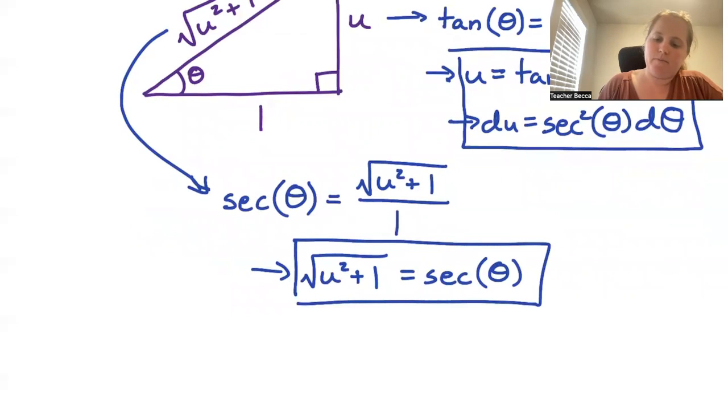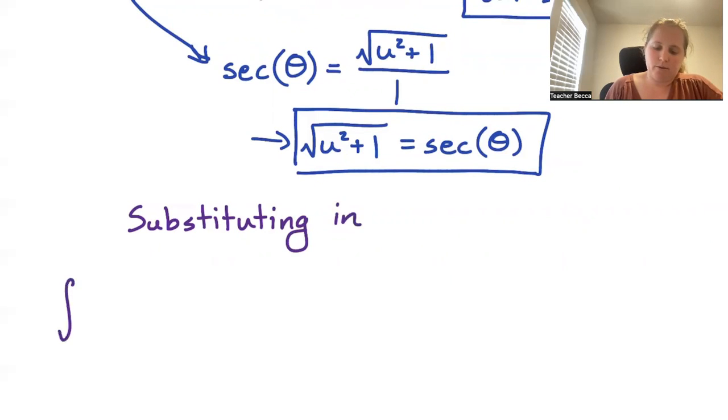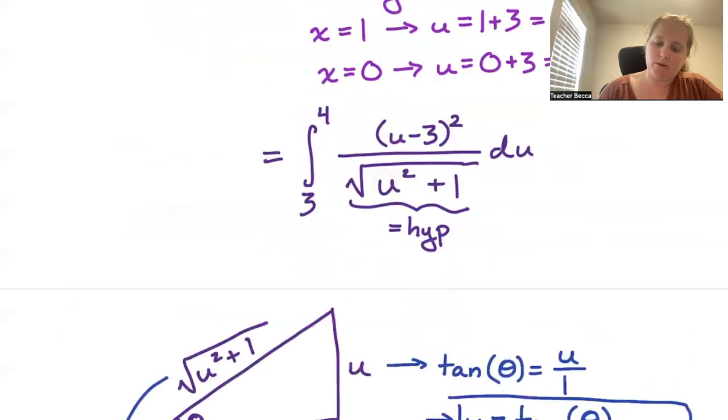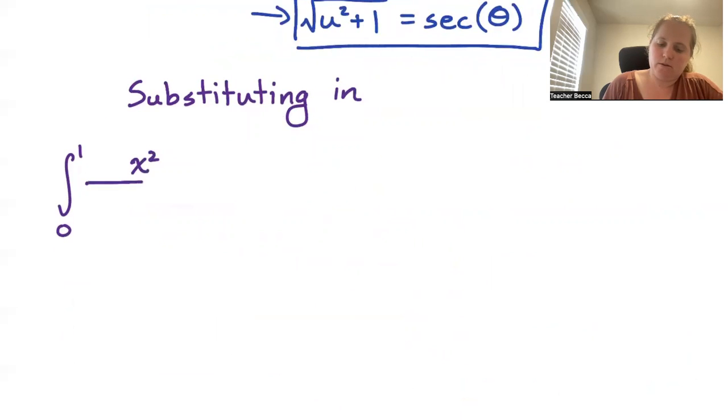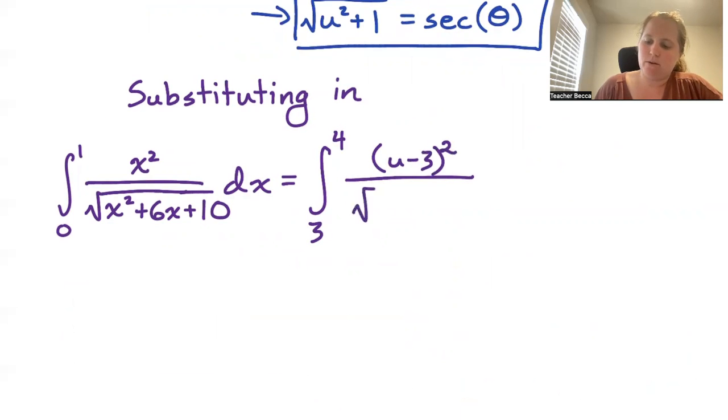So substituting in, we had definite integral from 0 to 1 of x squared over square root x squared plus 6x plus 10 dx. That was equal to the definite integral from 3 to 4 of u minus 3 in parentheses squared over the square root of u squared plus 1 du.